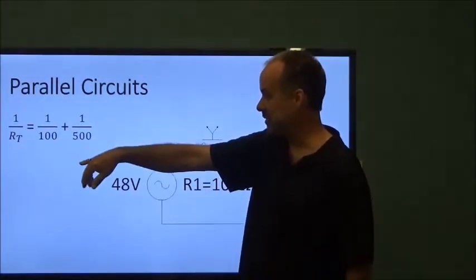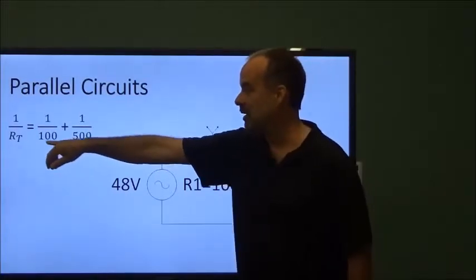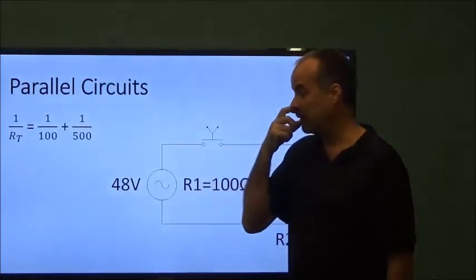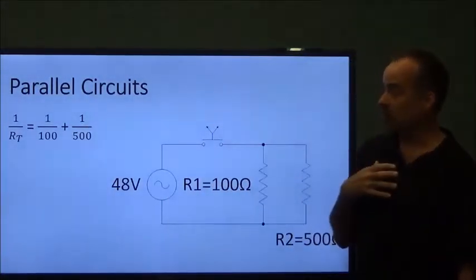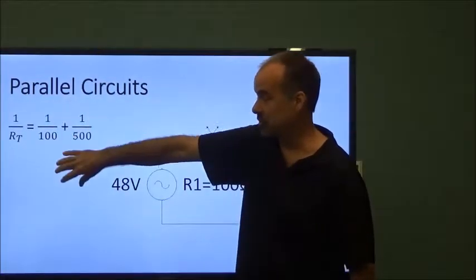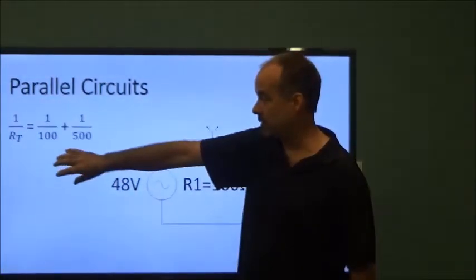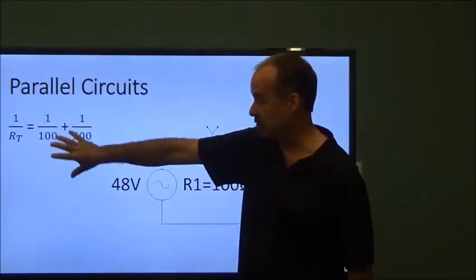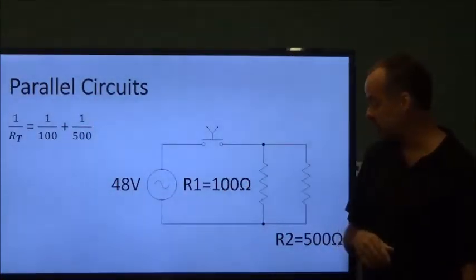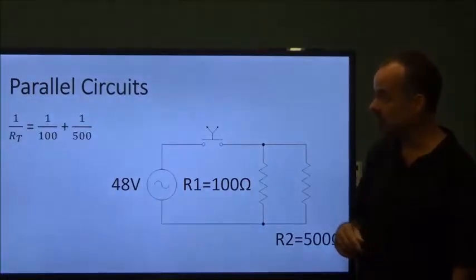Say if this was 147, it might be a little more difficult to find a common denominator. That's why I like using decimals. I'll take a fraction, convert it to an equivalent decimal, and that's what I use to work this out. To me, it's a lot easier and a lot fewer steps to find your total resistance.